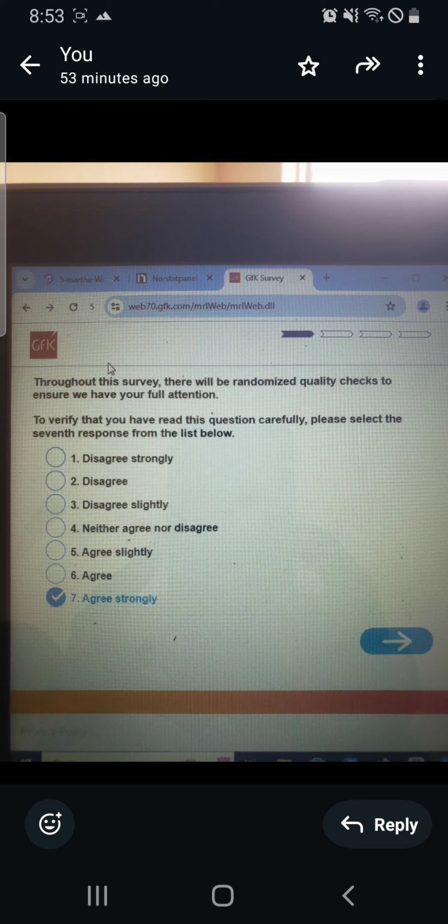Like in this question they're saying, to verify that you have read this question carefully, please select the seventh response from the list below. You can see I selected the seventh response. This is the seventh response, right? If you eventually pick the agree, this number 6, you have automatically failed the quality check.